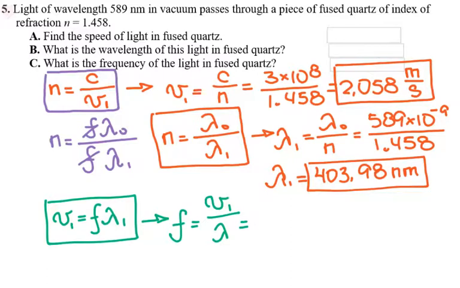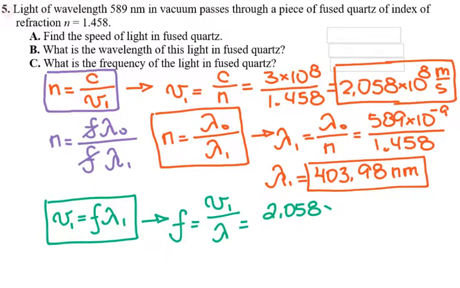So the velocity is 2.058, and I forgot the 10 to the 8 in our problem, so it's 10 to the 8 meters per second.